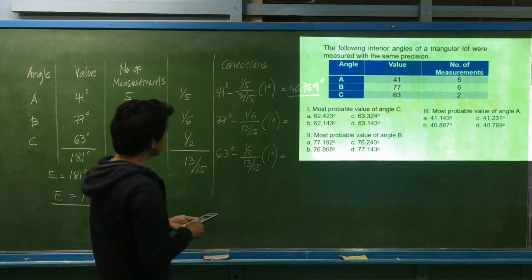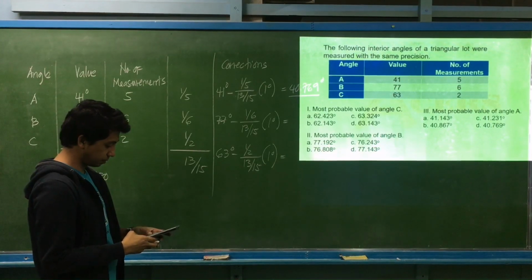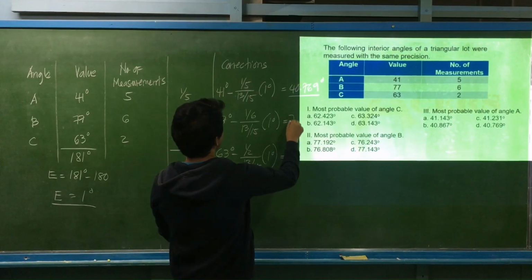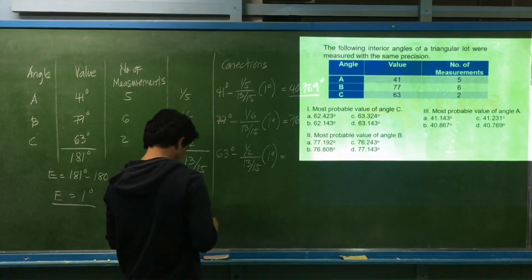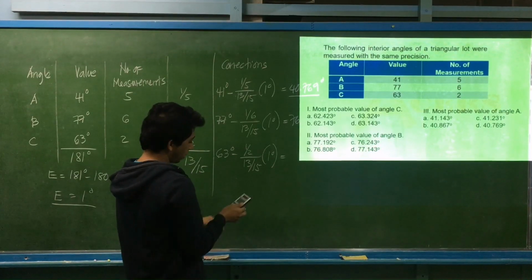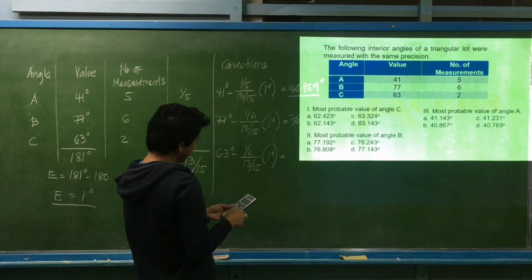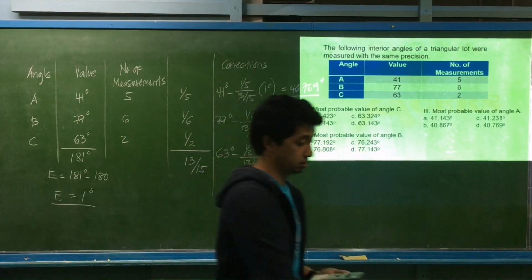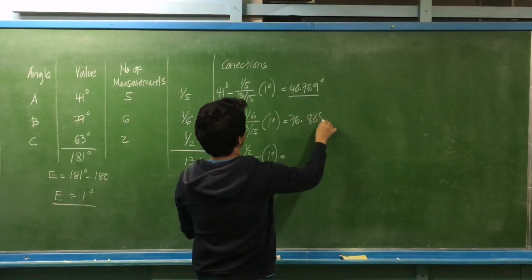So let's do the next one. We have 77 degrees. 77 minus 1/6 over 13/15 is 76.808 degrees.